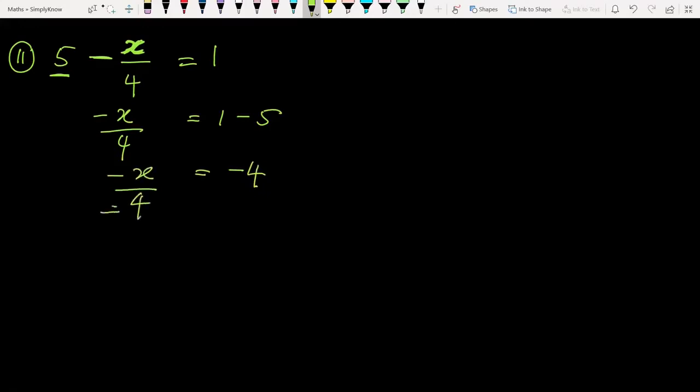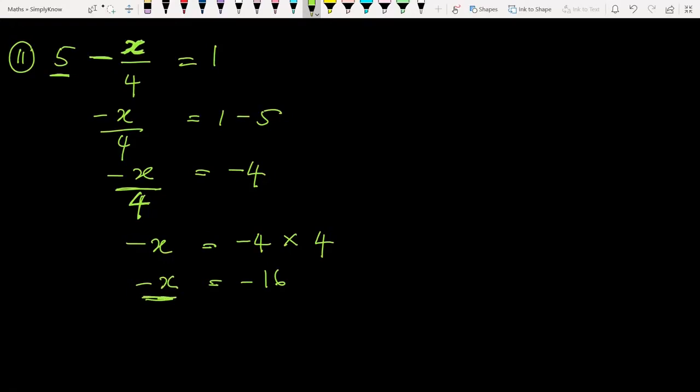Then when we get rid of this 4, what happens? Minus x equals, now here we have divided by 4. So when we transpose, it will become minus 4 times 4. Then we have minus 60. So minus x equals minus 60. Now this x is a negative term here.